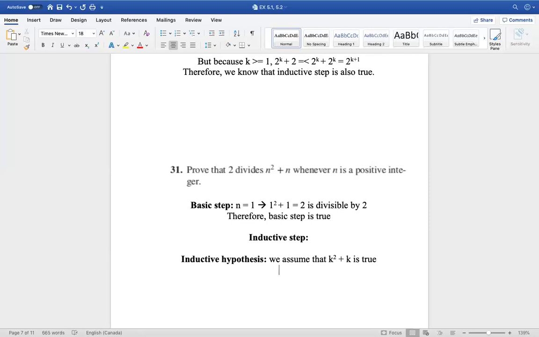This is our inductive hypothesis. Now we have to prove that k plus 1 squared, because we have to have k plus 1, k plus 1 squared plus k plus 1 is also true.